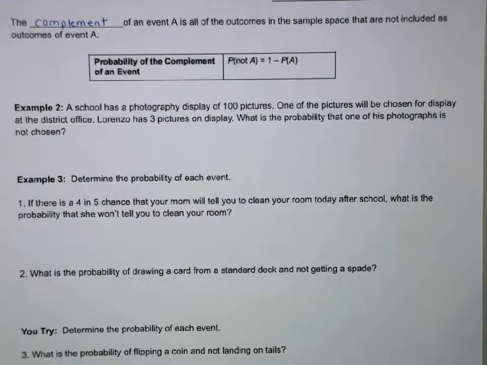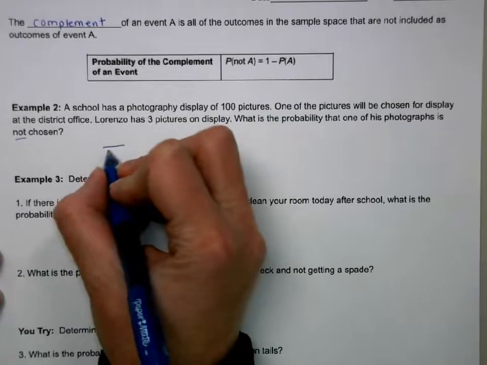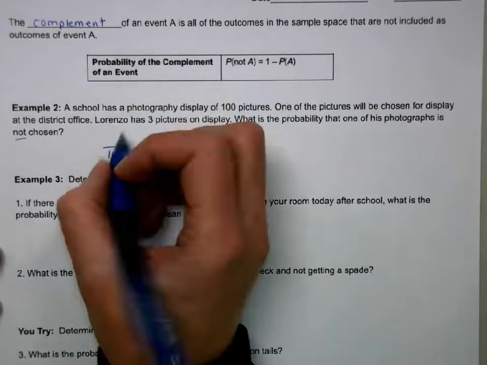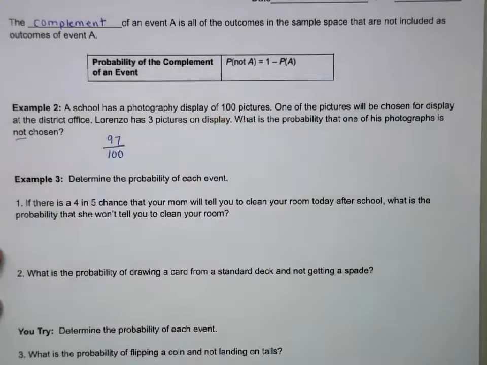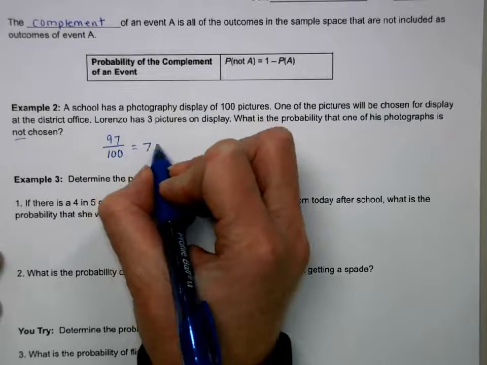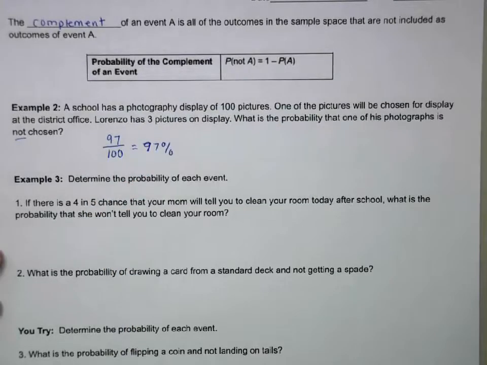Lorenzo has 3 pictures on display. What is the probability that one of his photographs is not chosen? Well, we have 100 different options, so that's our sample space. He has 3, which leaves 97 options that he's not chosen. So unfortunately for Lorenzo, he has a 97% chance of not getting his artwork displayed.